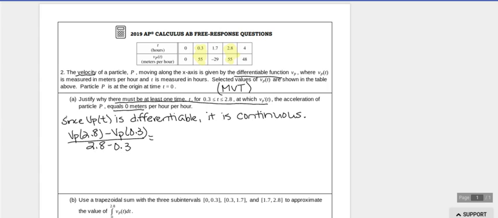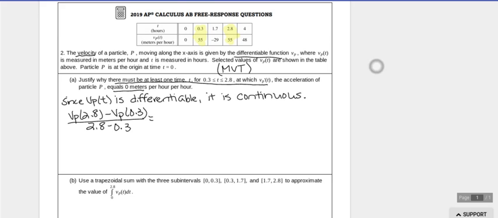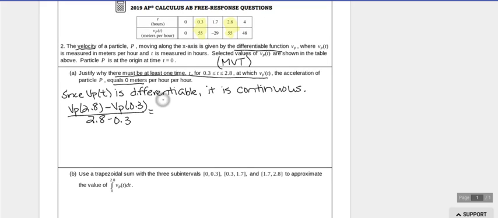This is just our regular old slope, since it's the average rate of change. So we're going to do 55 minus 55 all over 2.5, and we get 0. So the average rate of change over the interval is 0. The function is continuous and differentiable. That means then that by the mean value theorem, the first derivative has to equal 0 somewhere also.